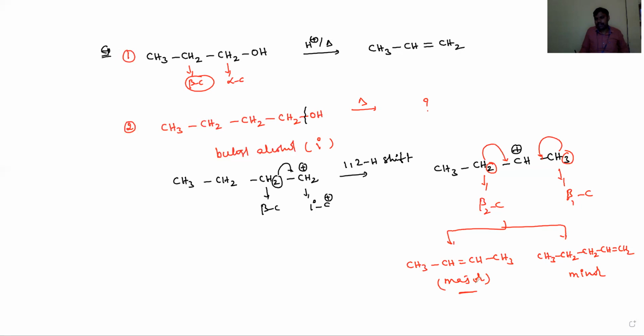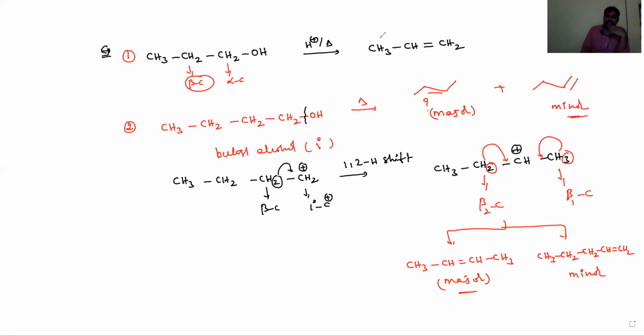Even primary alcohols undergo rearrangement, and produce but-2-ene as the major product and but-1-ene as the minor product.